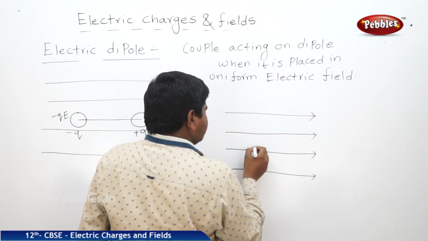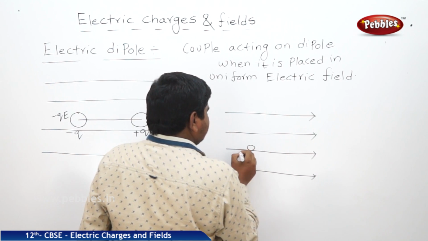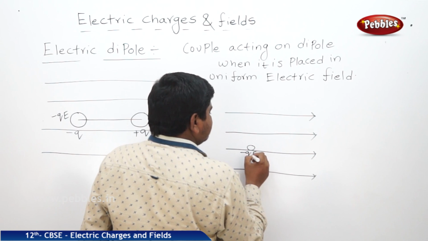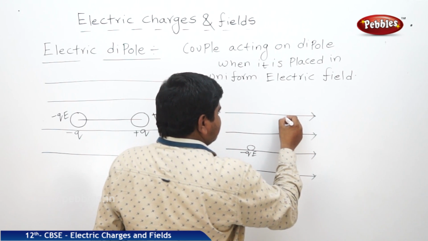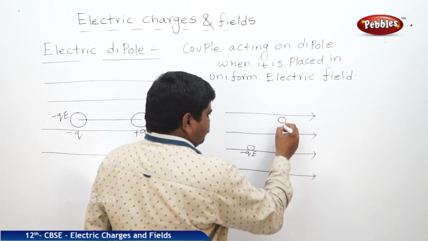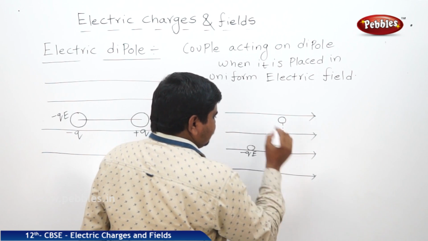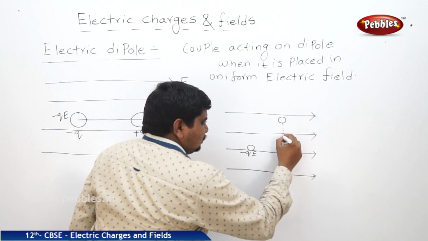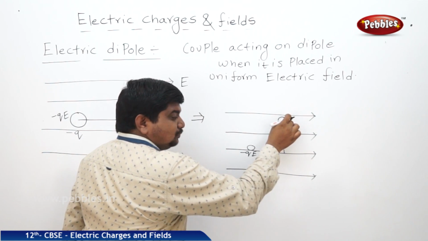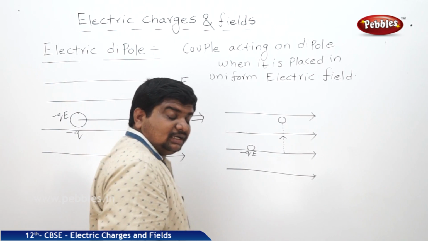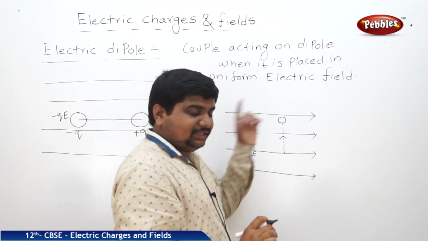Here the negative charge experiences the minus QE force. Then the positive charge will shift upward perpendicularly, and this is the initial position of the positive charge. From this position to this position, the positive charge was shifted.